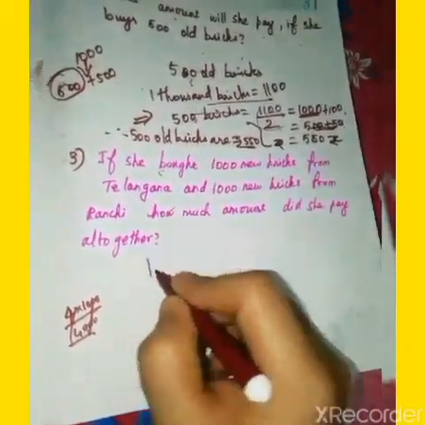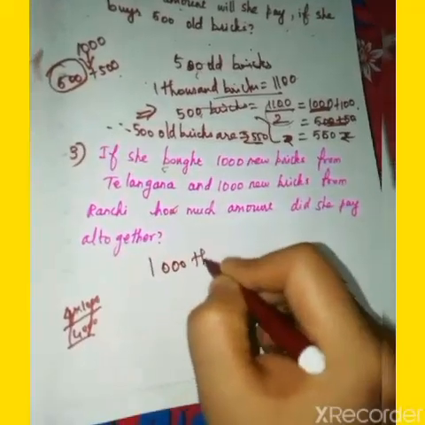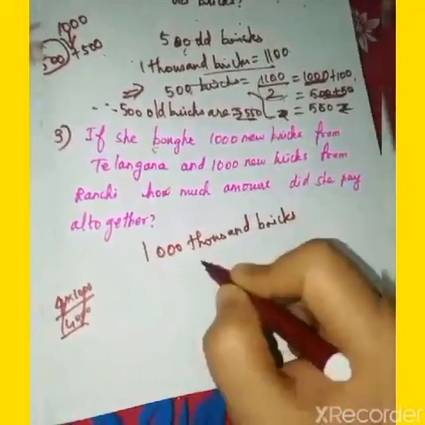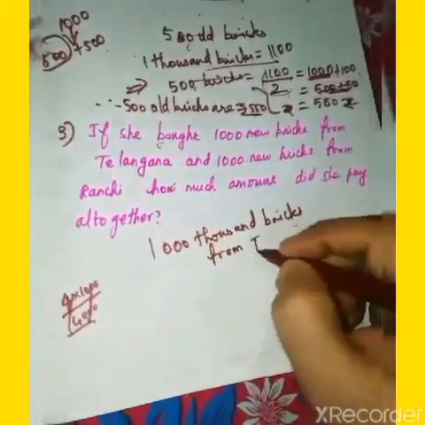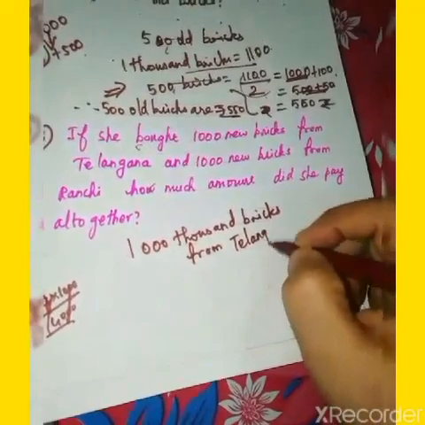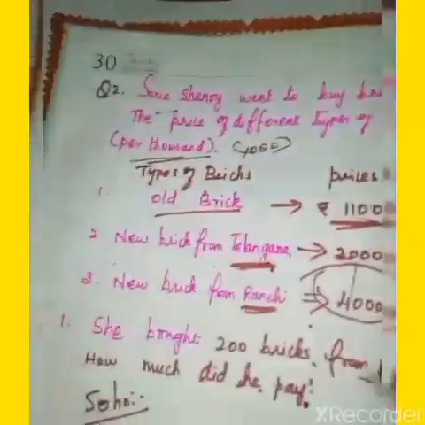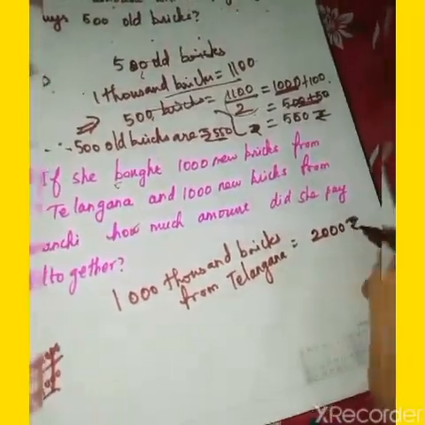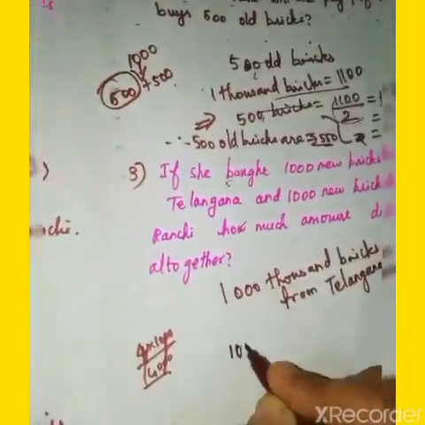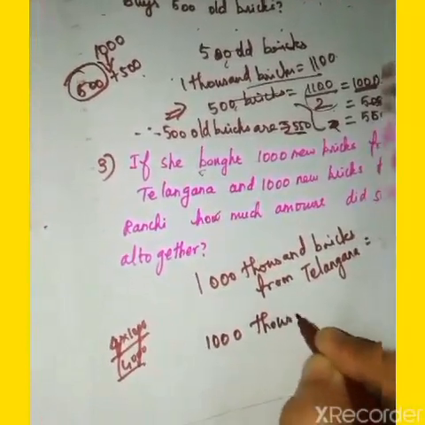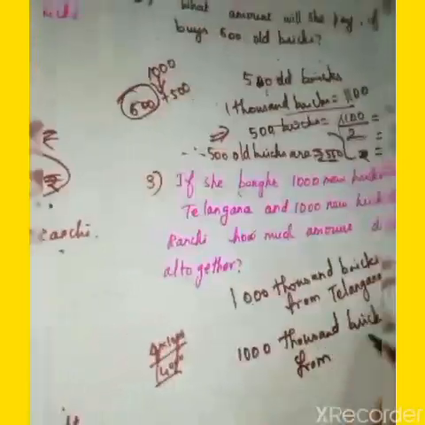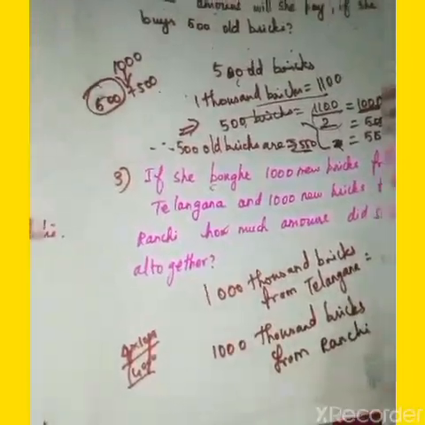So 1000 bricks from Telangana, the price is 2000 rupees, and also 1000 bricks from Ranchi, that is your 4000 rupees.